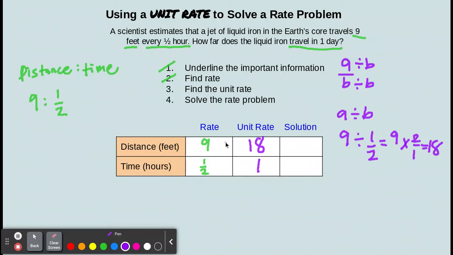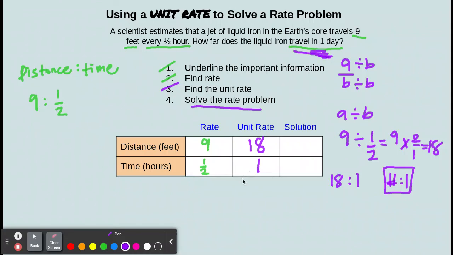So our unit rate is 18 feet for 1 hour. Remember, unit rate is some number to 1, 18 to 1. But our question was what? How far does it travel in 1 day?